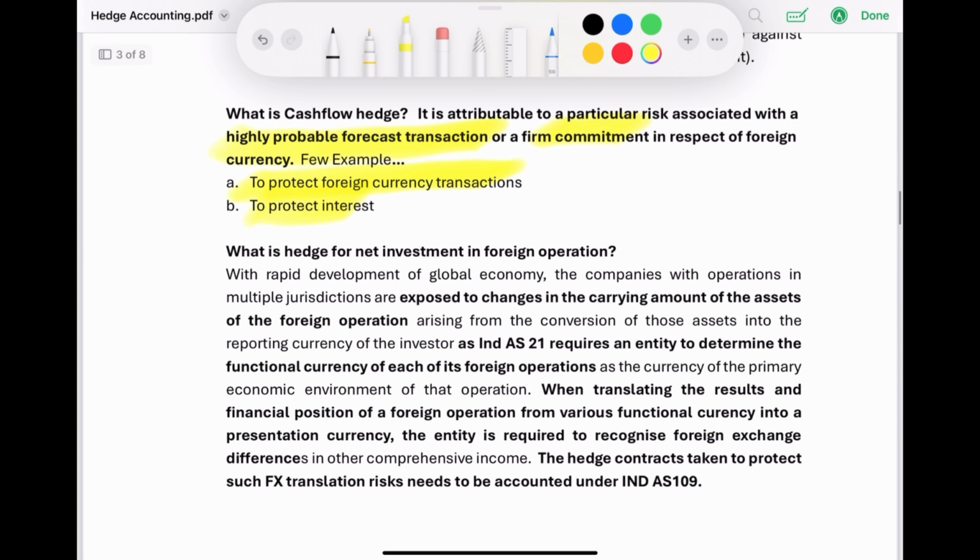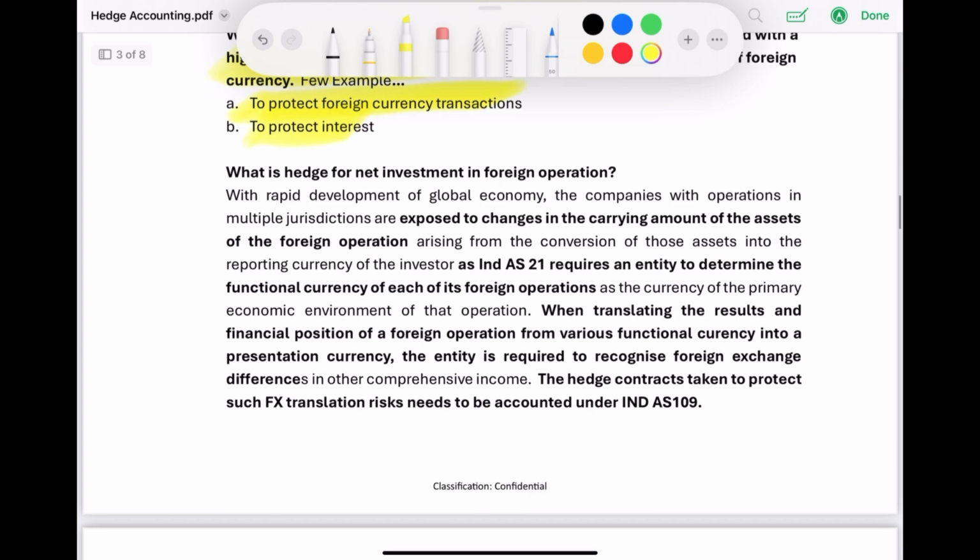Then what is hedge for the net investment in foreign operations? An entity might have many businesses outside of their base country, and nowadays that's important for their expansion to have more global economic exposure. In that case, the entity will have a risk in the conversion of all their foreign net assets into their local functional currency.